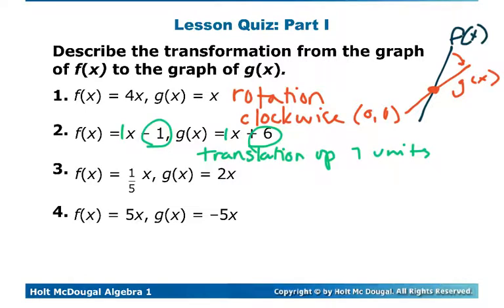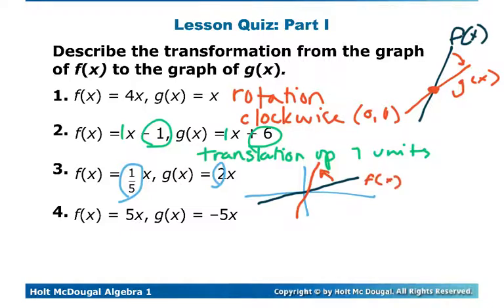Alright, the next one, we have a 1/5 slope and a 2. So if we imagine what a 1/5 slope is, a 1/5 slope is up 1 over 5, so it's a little bit more horizontal, versus up 2 over 1, which we just did, is more vertical. And so to get from f of x to g of x, we end up going counterclockwise around the origin, because they both have the same intercept here.